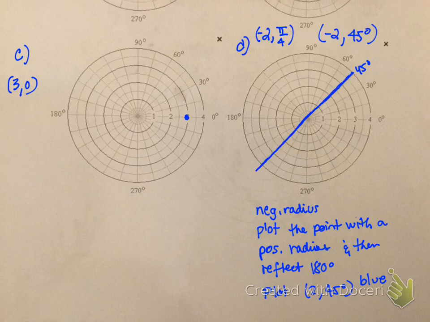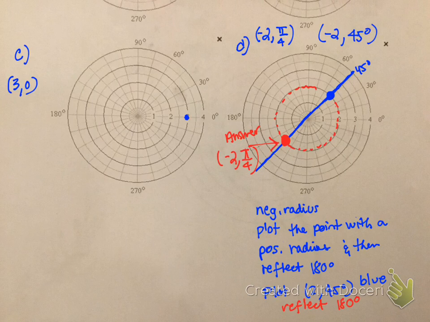If I plot 2 comma 45, I'm on the second ring and 45 degrees. Now, in red, I'm going to reflect that point 180 degrees. Remember, 180 degrees is a straight angle. So I'm staying on the 2 ring, and I'm just going to reflect my point 180 degrees. So this is my answer. And I just plotted negative 2 comma pi over 4, or 45 degrees.